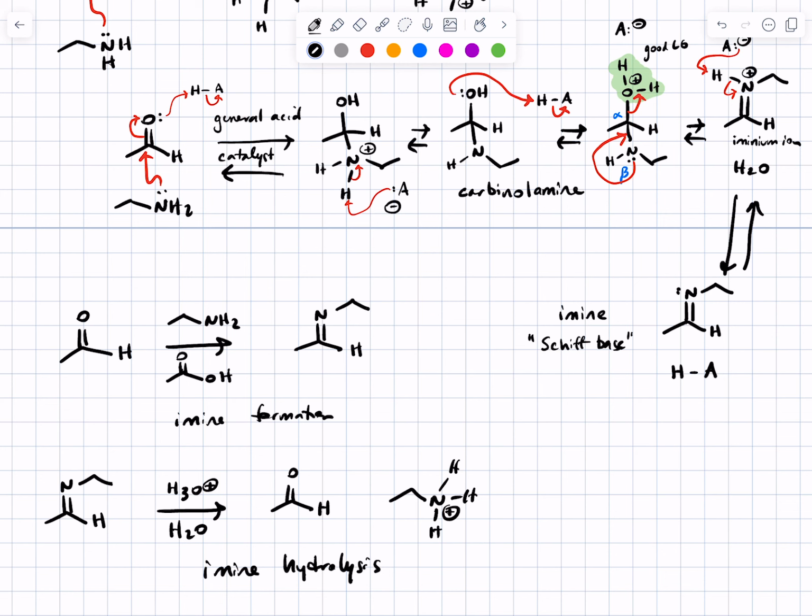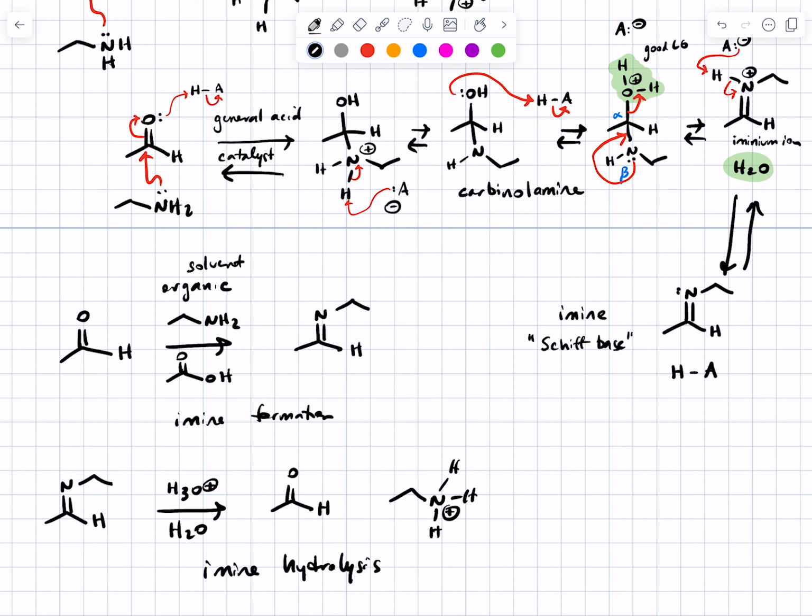Notice the thing that left during imine formation was water. So if you have a way to remove water from the system, you can push the reaction forward. And that is why when you're doing imine formation, probably you're in some kind of organic solvent that doesn't have a lot of water in it.